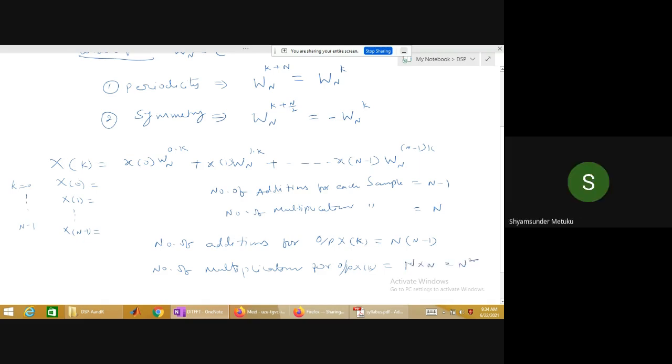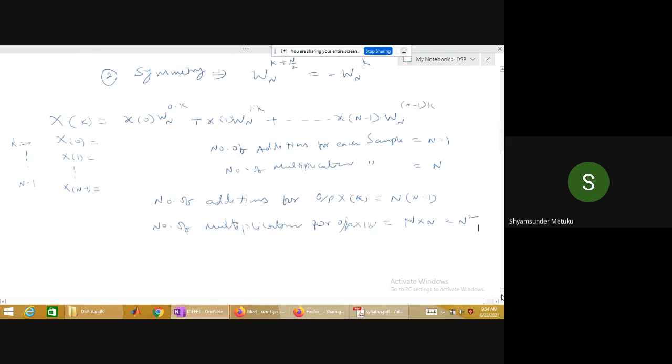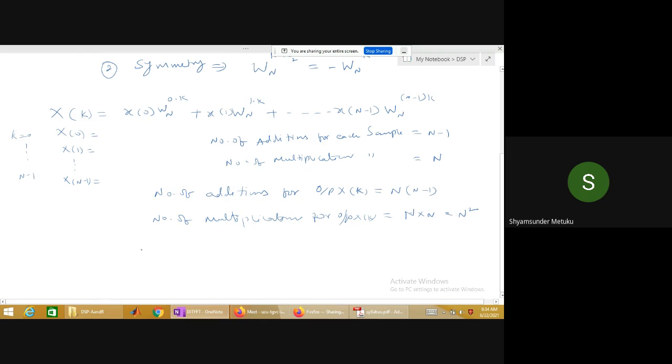Now, strictly speaking, every multiplication involves the twiddle factor, which is a complex number. So these are complex multiplications.